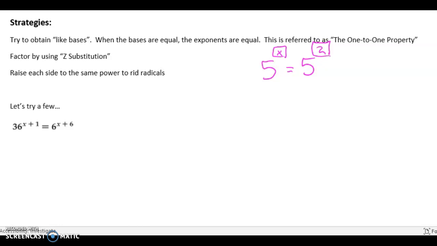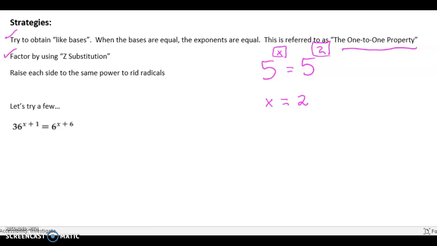In order for the 5 to the x to equal 5 to the second, x would have to equal 2. That's called the one-to-one property, because they're in the same position, they've got to be equal to each other. So that's strategy number 1.